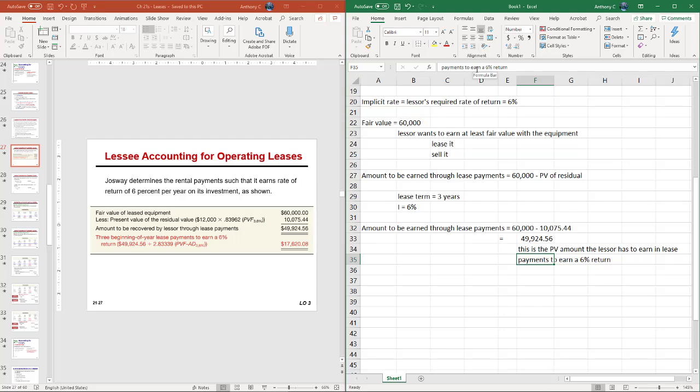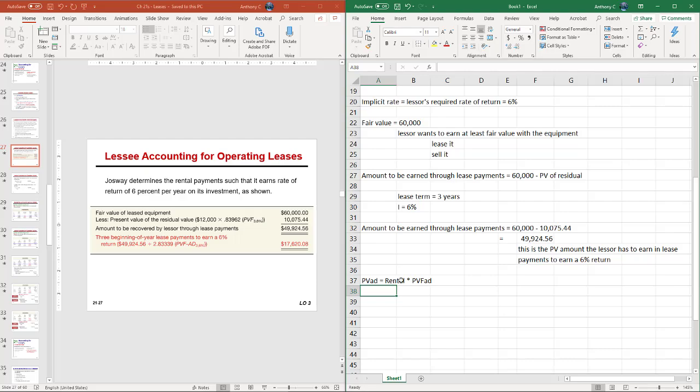All right, since the lease payments are made at the beginning of the year, we know we have an annuity due. So to figure out the rental payments or lease payments, we'll set this up as a present value of an annuity due problem. We know this is equal to your rental payments times the present value factor for an annuity due.